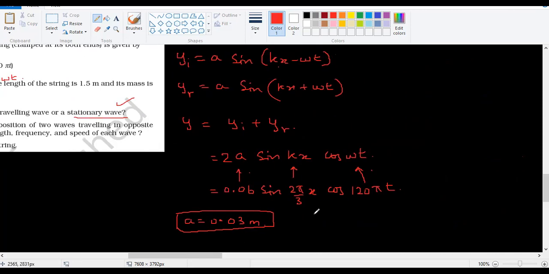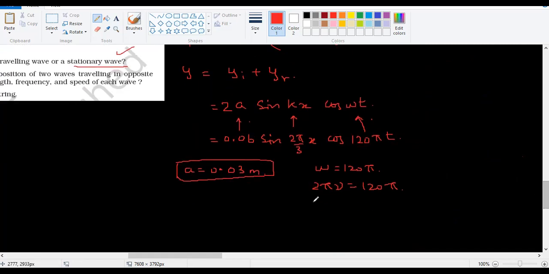So the frequency can be found as omega is equal to 120 pi. Omega is nothing but 2 pi nu. So 120 pi equals 2 pi nu, which means pi cancels and the 2 cancels, so nu is equal to 60 hertz. For the wavelength, you can use this formula: k is equal to 2 pi by lambda.